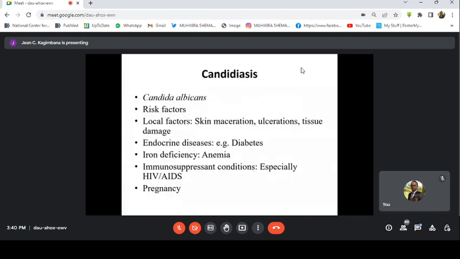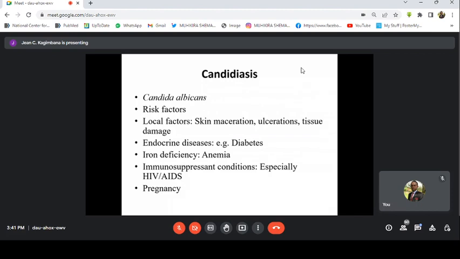Now, candidiasis. Again, this is another yeast infection. Candida albicans is always a problem when it's diagnosed. Okay?